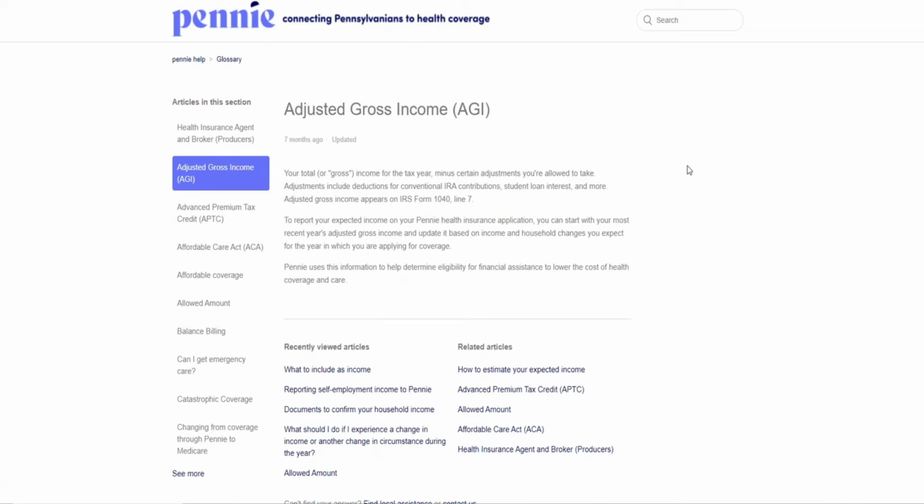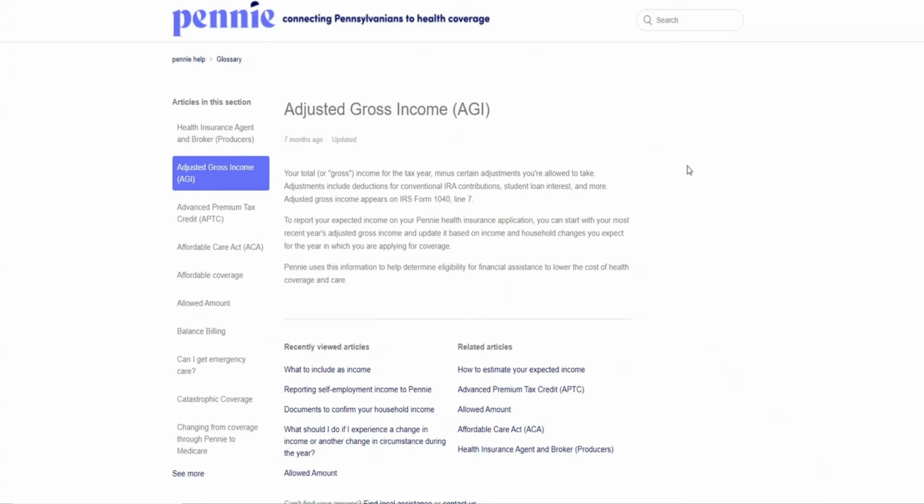But adjusted gross income is the total income for the tax year minus certain adjustments you're allowed to take. And that's important. We'll talk about that again later as well. Adjustments include deductions for conventional IRA contributions, student loan interest, which a lot of us have, and more.